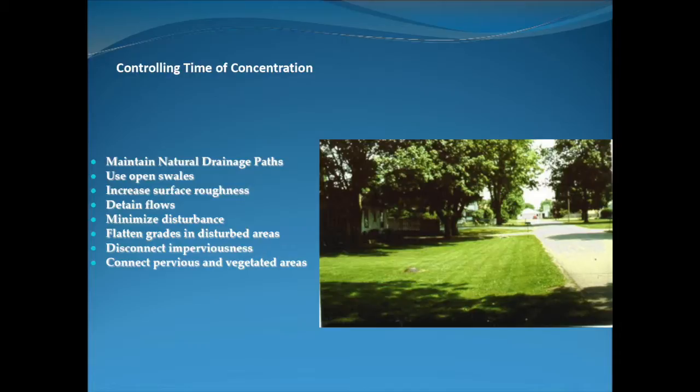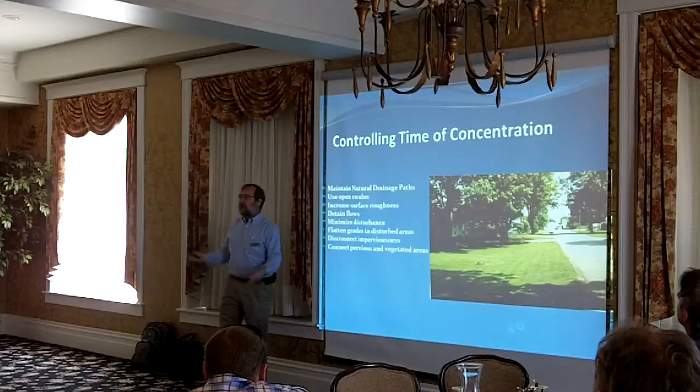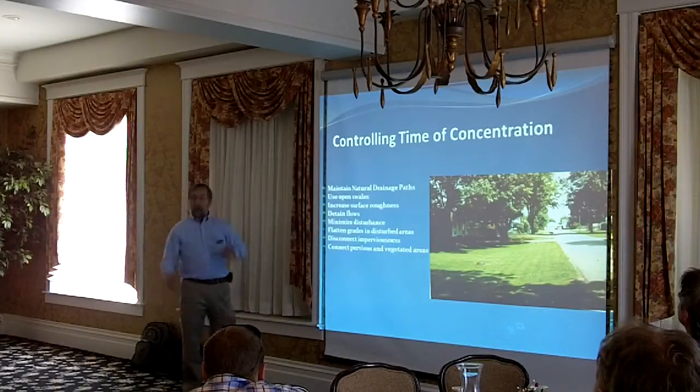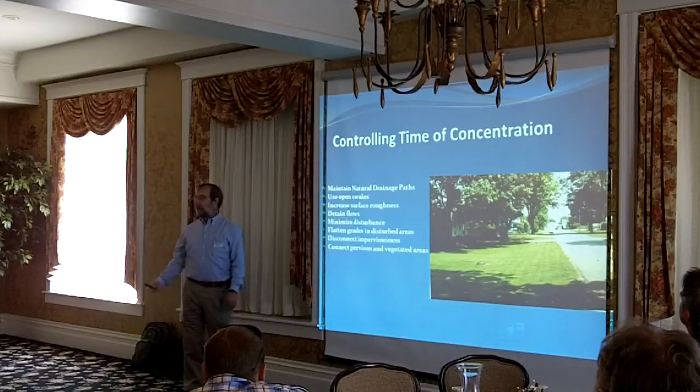So how do you control time of concentration? By maintaining natural drainage paths. Like we showed some examples of this in those example designs in the first presentation. Using open swales. Those things, open swales, full of vegetation, have a little bit of microtopography, even slow up the water, and allow some water to infiltrate.